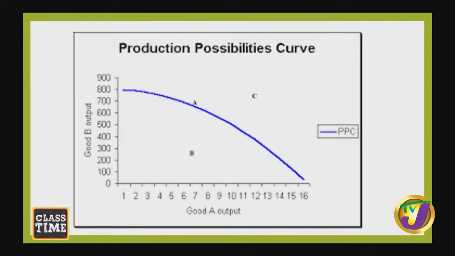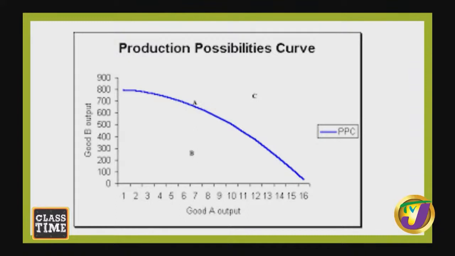Once the combination is along that curve, it means that the combination being produced is using all of the resources available to that society.